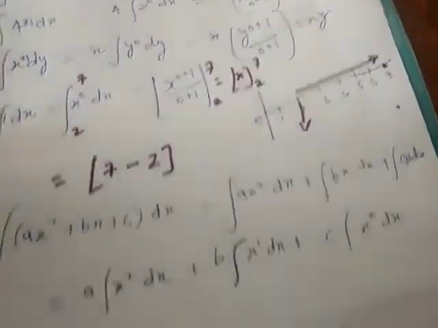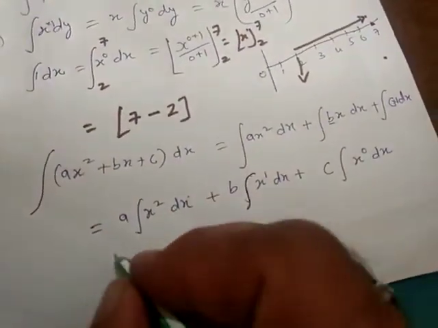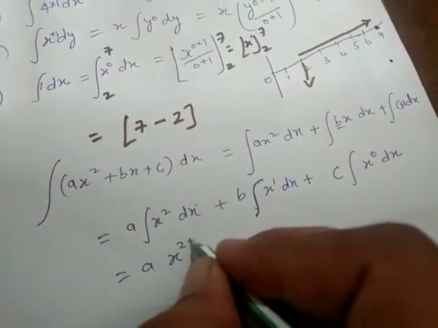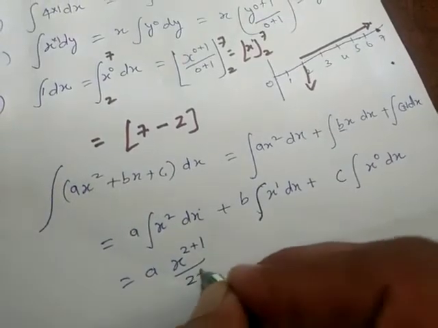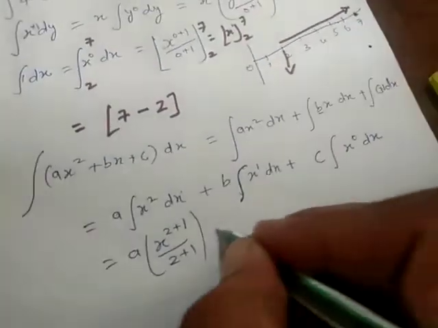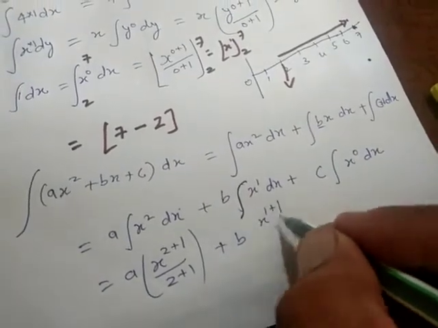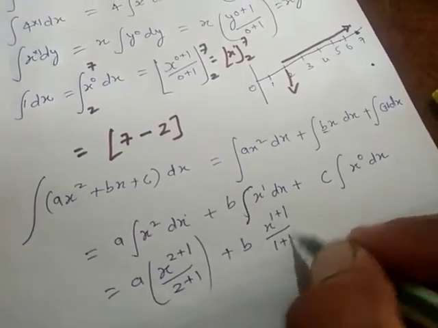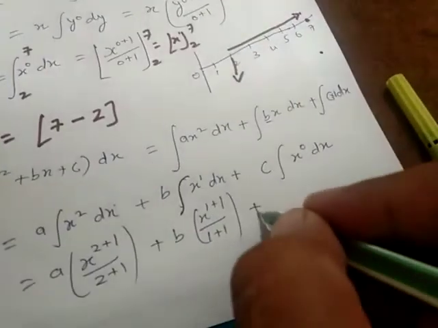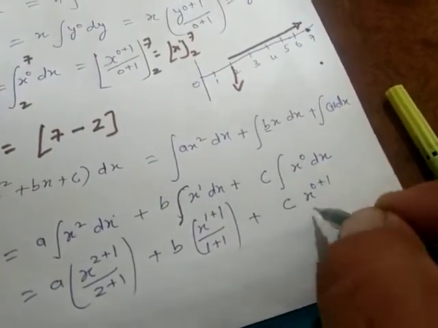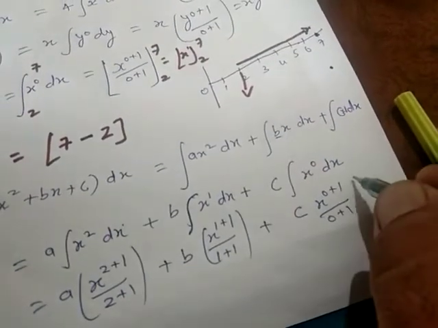Now the power will be increased in integration: x to power 2 raised by 1 gives 2 plus 1, plus b, x to power 1 raised by 1, and the final power will divide this quantity, plus c, x to power 0 plus 1 over 0 plus 1.